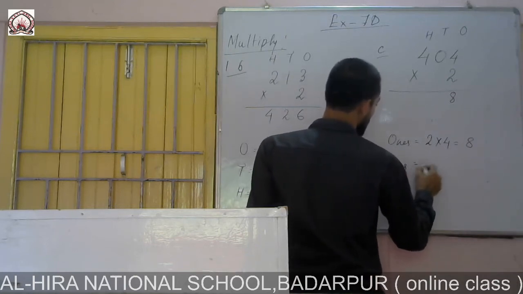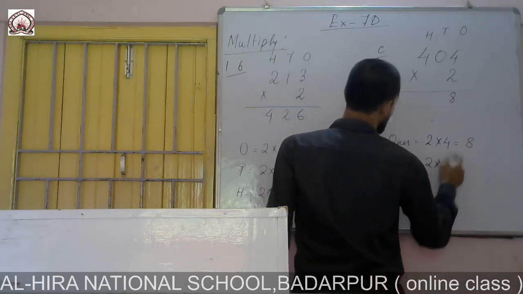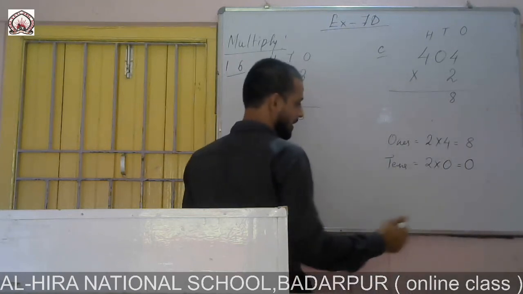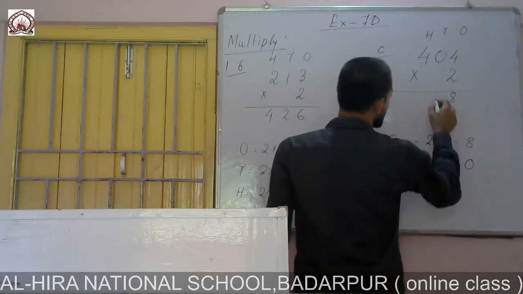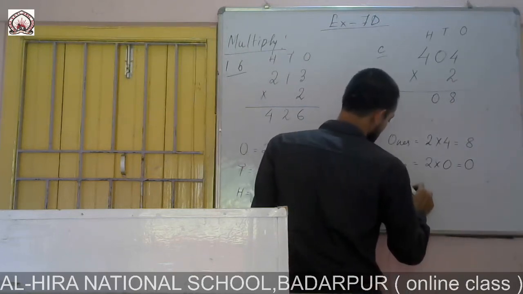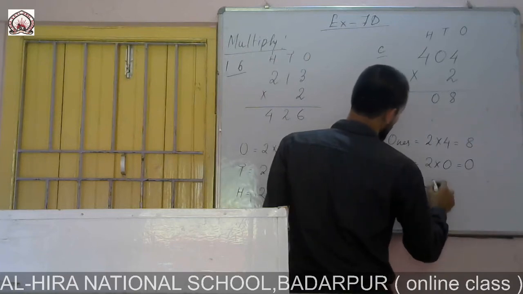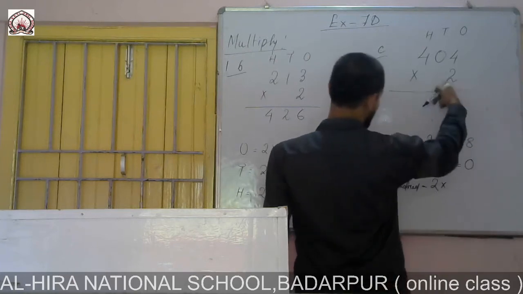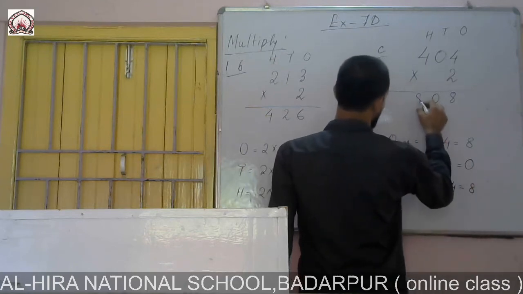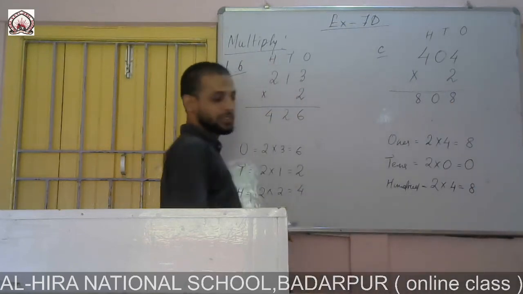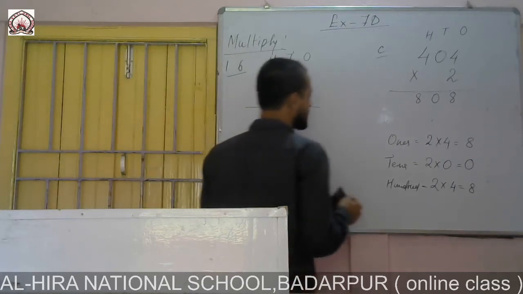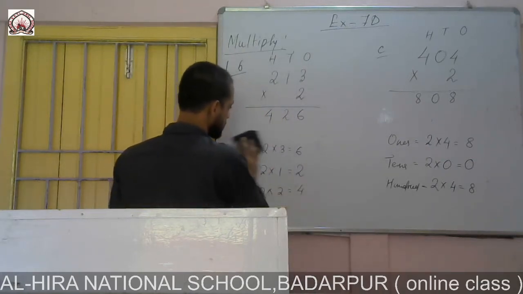It is known to us that if we multiply any number by 0, we will get 0. So we write 0 here. Next, the hundreds place. The digit is 4. 2 4s are 8. So we write 8 in the hundreds place. The answer is 808.